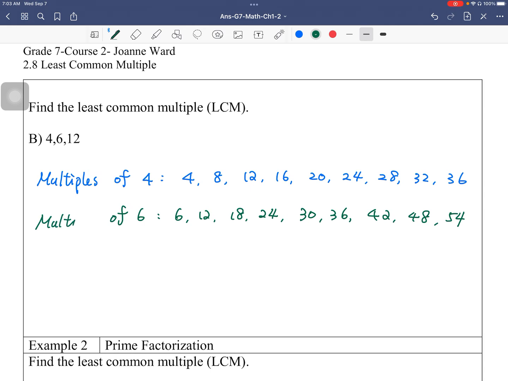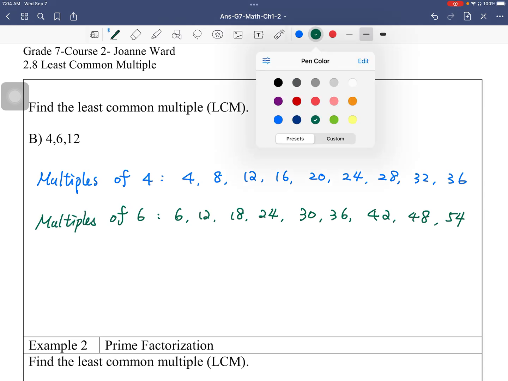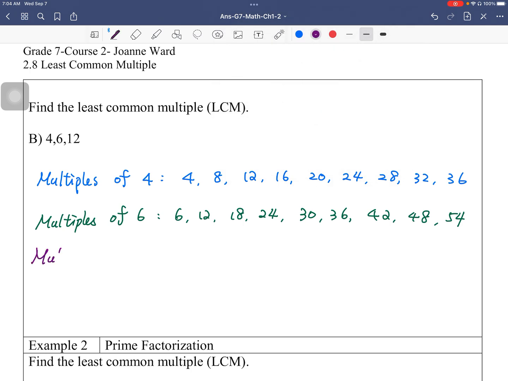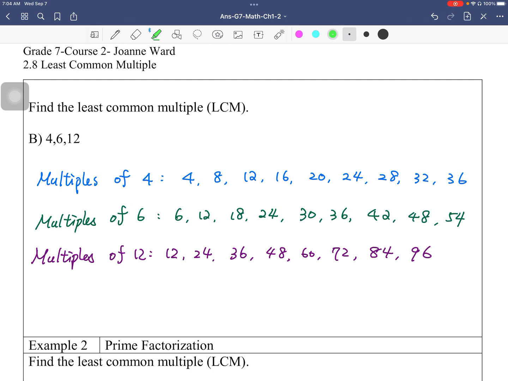Multiples of 12: 12, 24, 36, 48, 60, 72, 84, 96. We want to find the smallest common multiple, and 12 is the smallest one that is a common multiple.